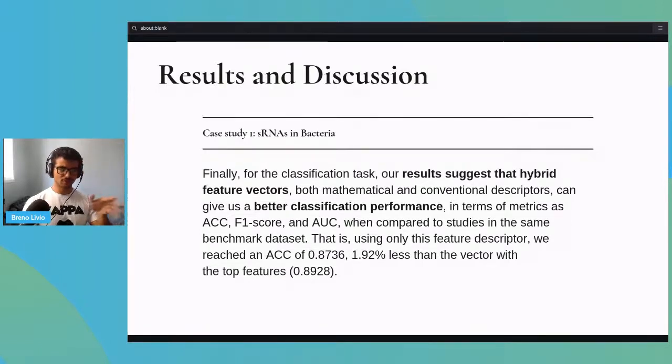Using only this feature descriptor, we reached an average accuracy of 87%, which is 1.92% less than the vector with the top features.